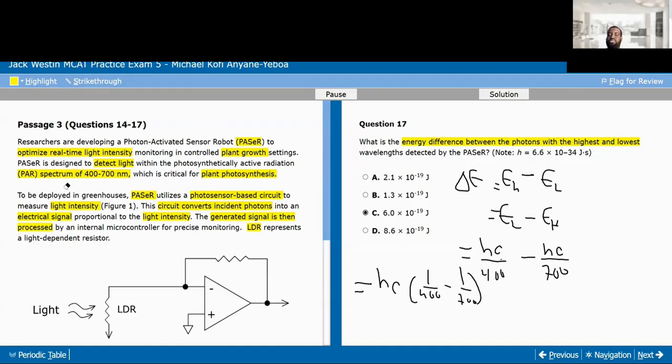Okay. Now, we have 400 nanometers. So let's not forget that we have to convert all of these nanometers into meters, because that's a mistake people make, and I almost made that mistake. So we multiply this by 10 exponent minus 9. If I pull that out, it's going to be hc multiplied by this, all times 10 exponent 9, right?